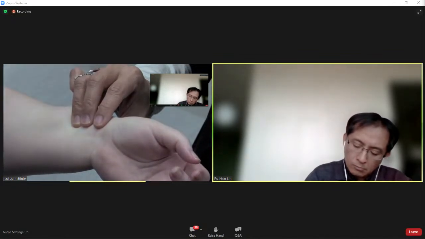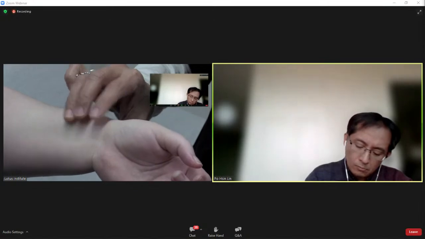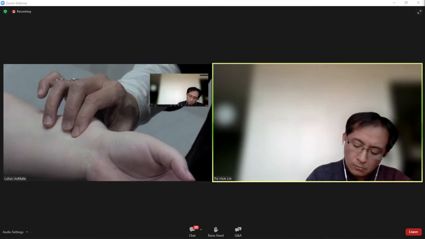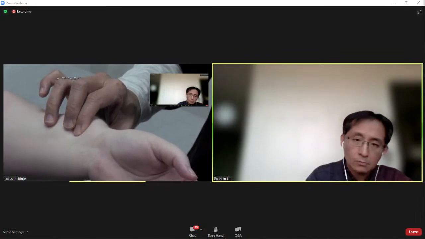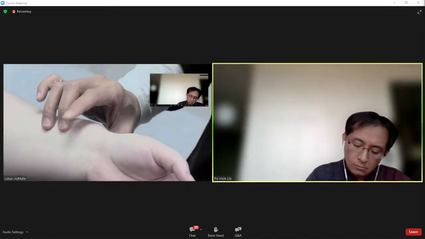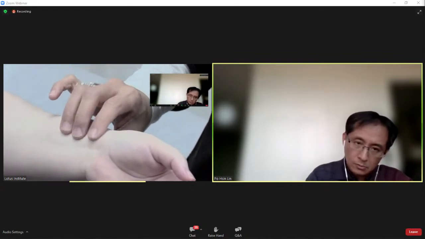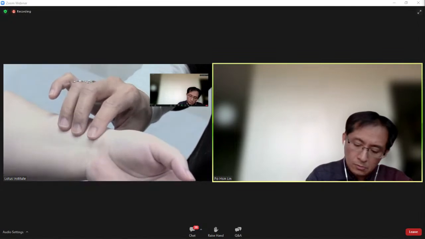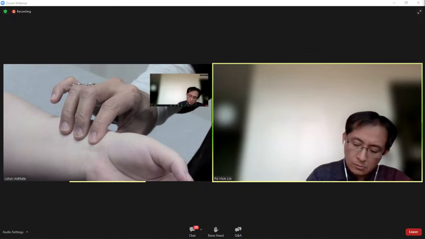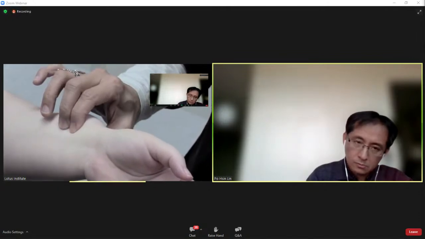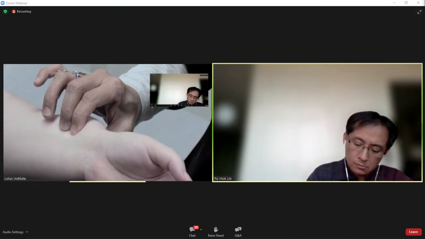Chi is deep. This pulse feels kind of thin and slippery too. So there you can feel the pulse a lot more on this side. Again, the chun is mid-level, slippery. Guan is superficial, slippery, strong. And chi is deep, slippery too.